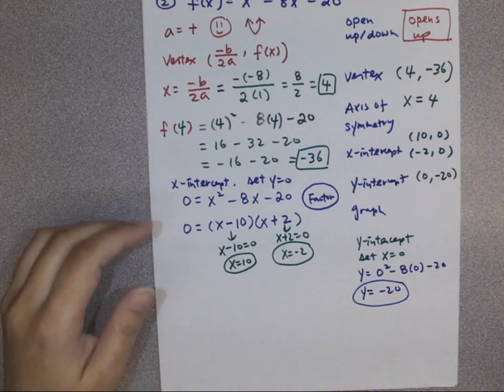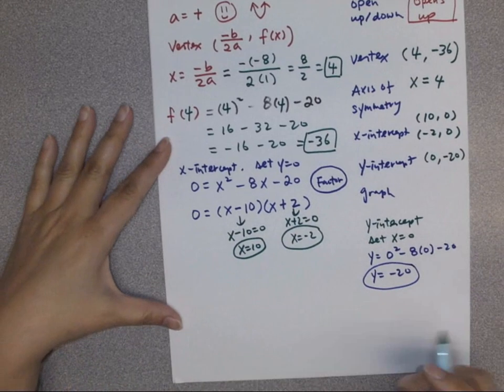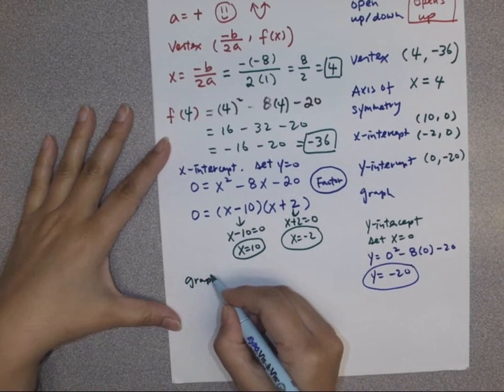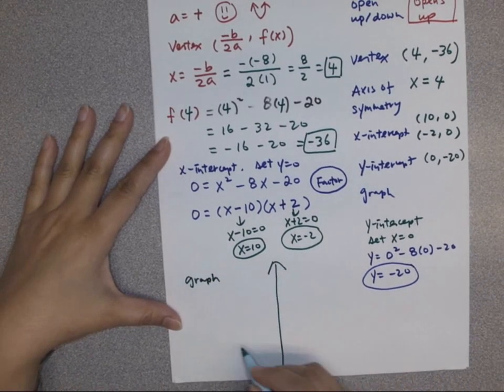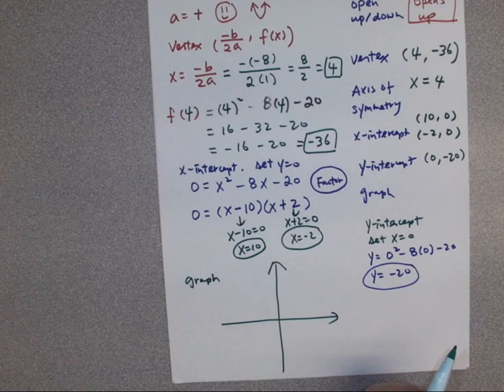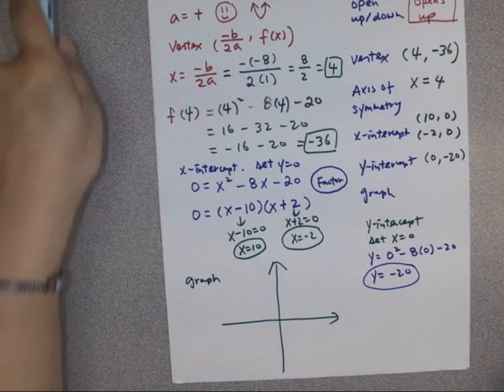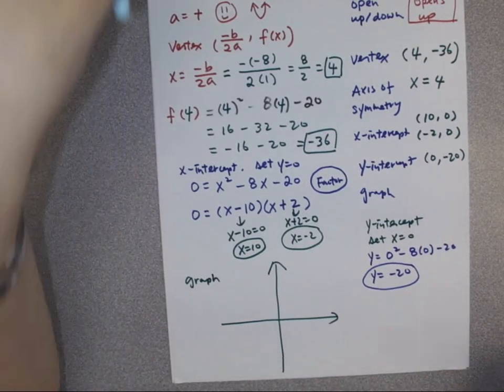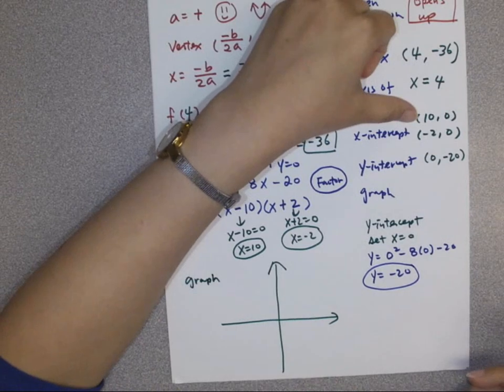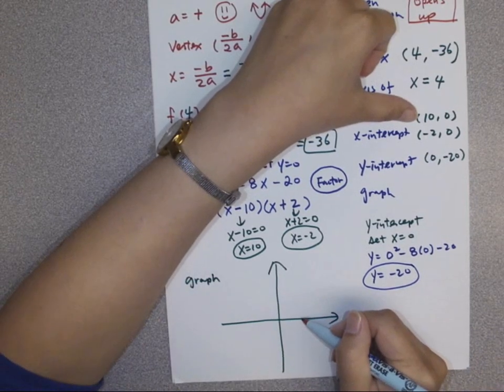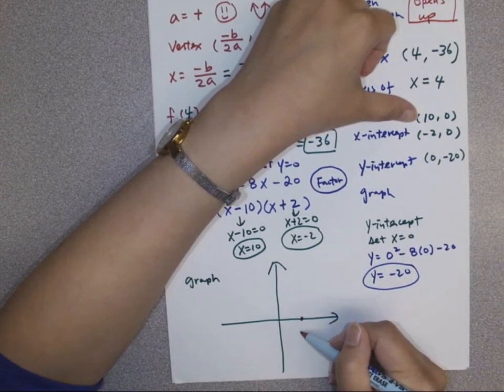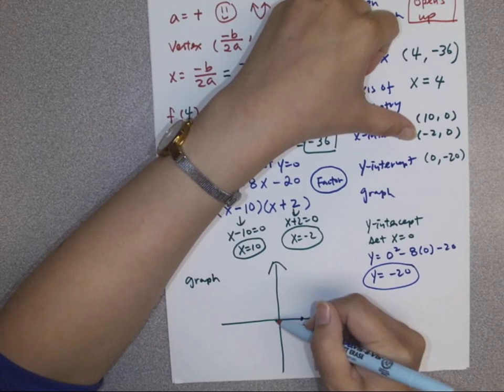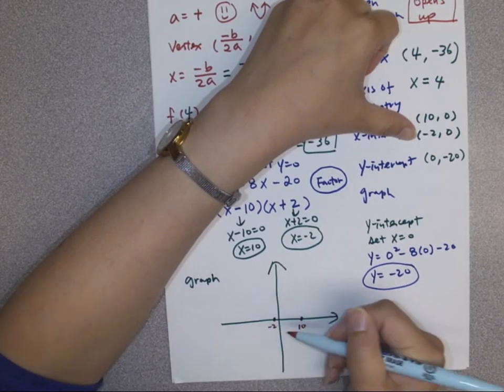I think we are ready to graph. So for the graph, let's think about what we can put on the graph. We can put the x and y intercepts, we have those points. So I have 10 and a negative 2 maybe here.